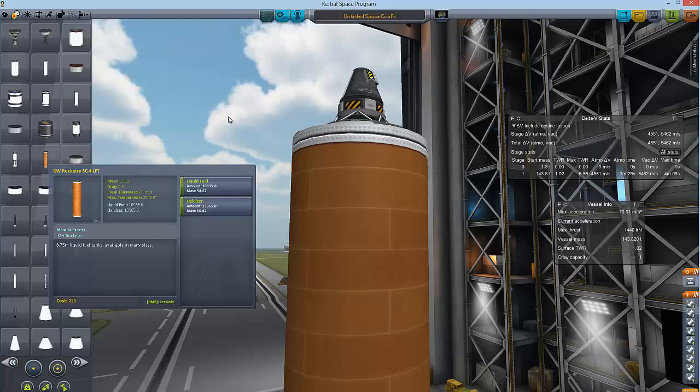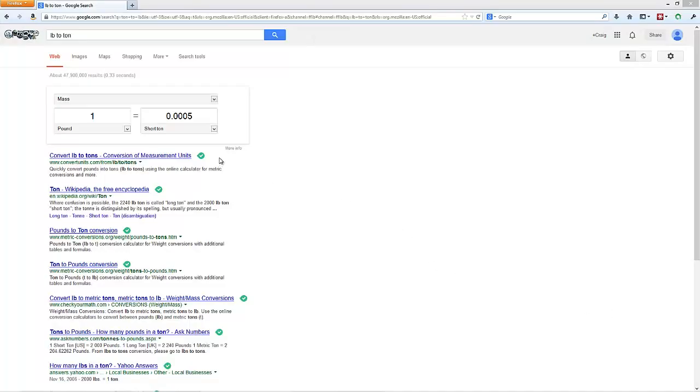And when you're dealing with your rocket outside, like a hobby rocket or whatnot, let me bring that up. What you could do if you got a hobby rocket and are trying to get that thing up, you can go to Google and put pound to ton or ton to pound, and say you got like a 30-pound whatever, which is pretty big, and you can see that is 0.0515 ton, and you can get your calculations like that.